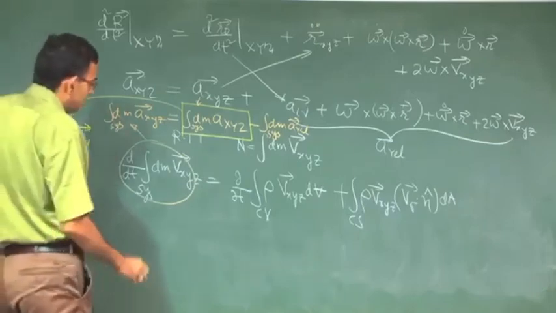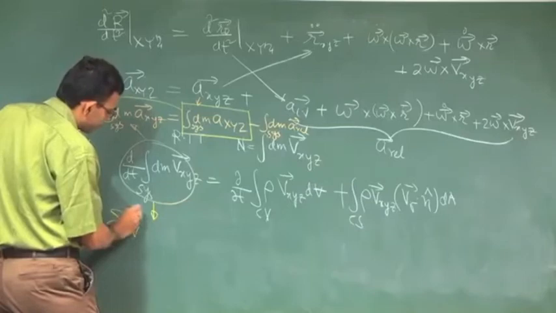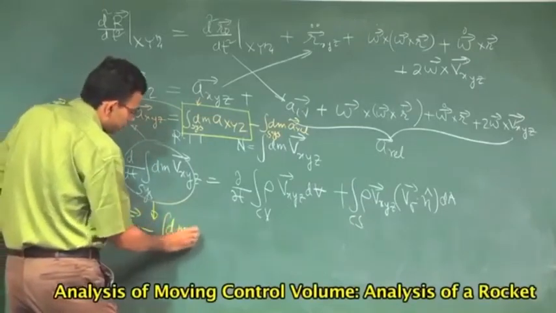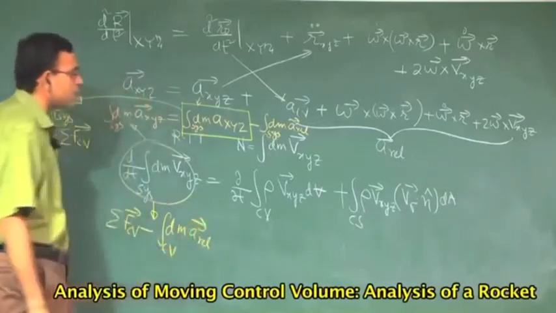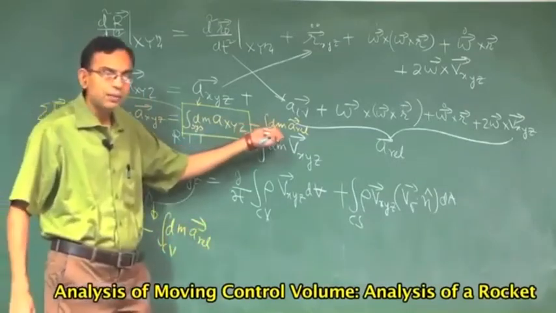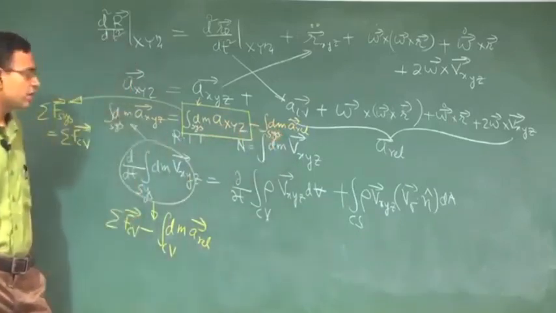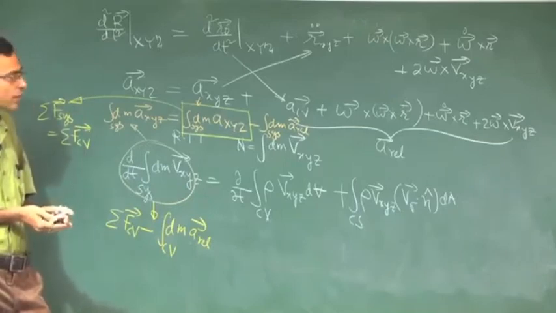So this term will be resultant force on the control volume minus this, also you can evaluate on the control volume by noting that in the limit as delta t tends to 0, system and control volume are converging.